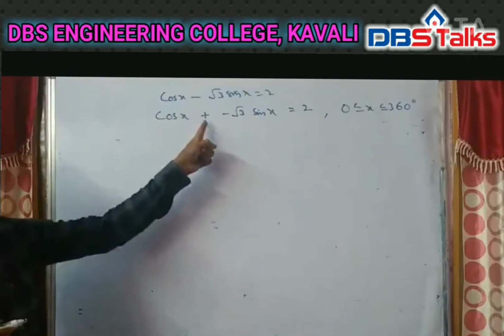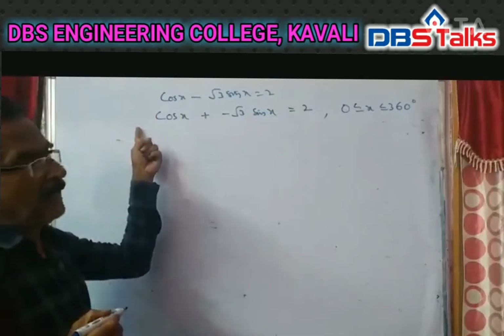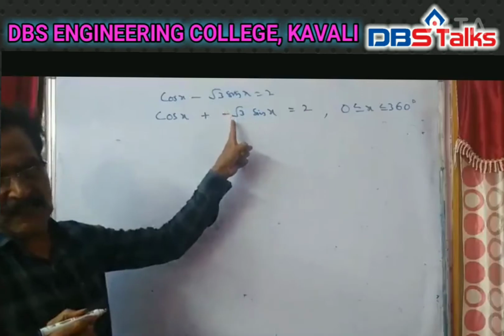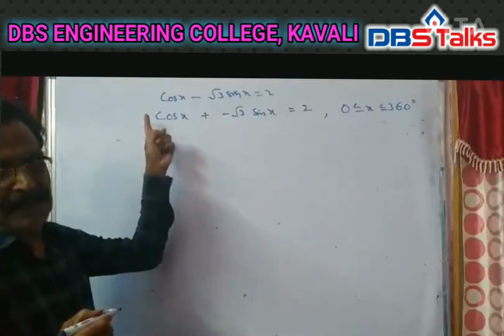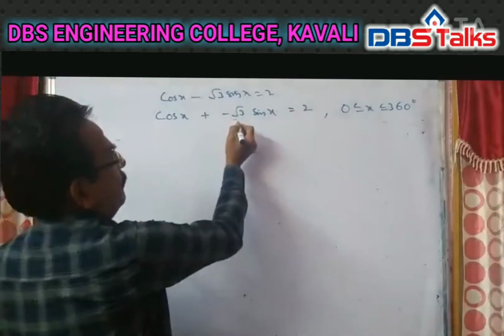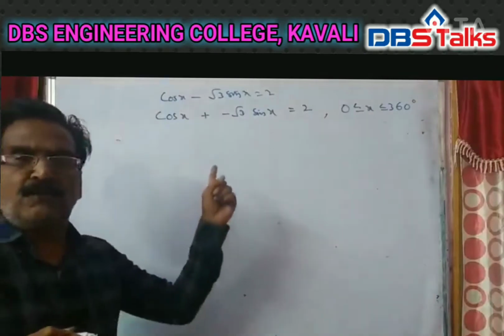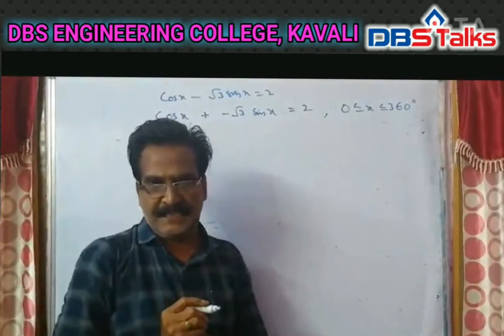Cos x plus minus root 3 into sin x, because a is equal to 1, b is equal to minus root 3. So cos x plus minus root 3 sin x is equal to 2, 0 less than or equal to x less than or equal to 360 degrees.